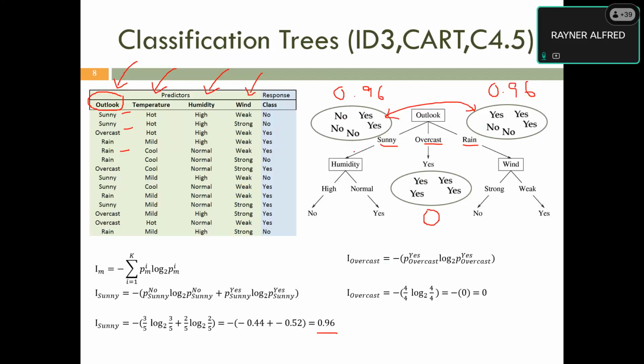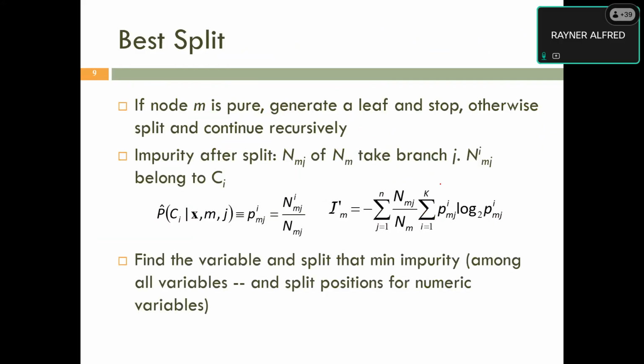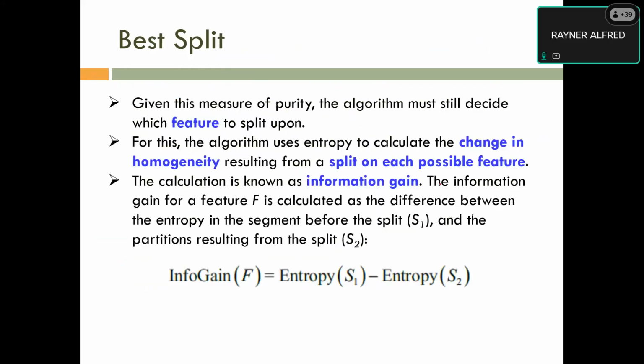So this is the entropy I get for each subset after splitting. What I want to know is the entropy before and after splitting.